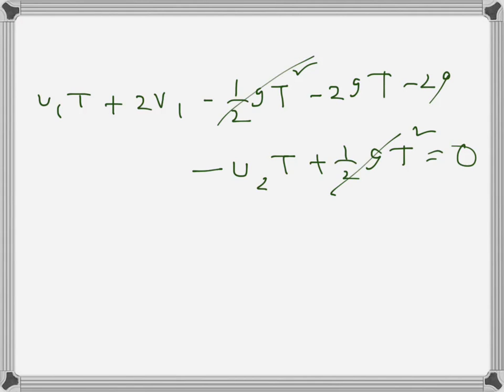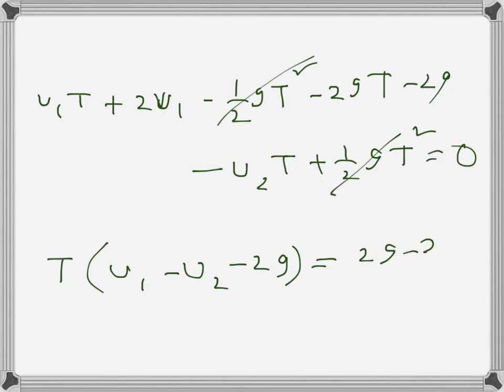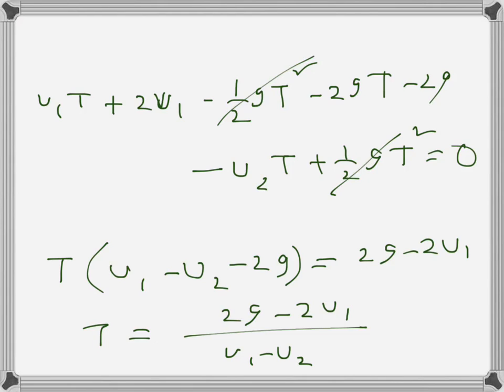So these two get cancelled, and if I separate the t terms, it will be (u1 minus u2 minus 2g) t, and on the right hand side, if I take the non t terms, it will be 2g minus 2 u1.